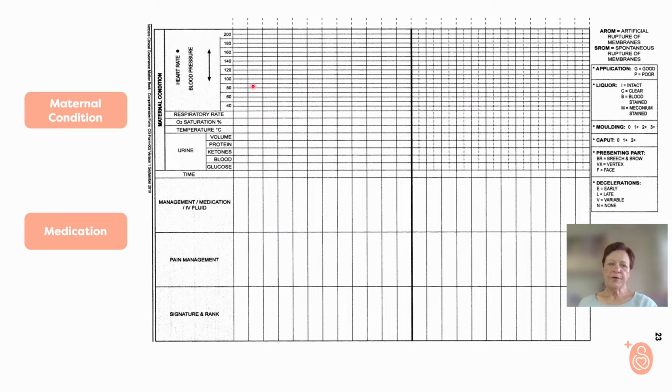Then there's this part of the partograph, which is, remember we've said the partograph usually goes over 2 pages. On the one page, we have now done the progress of labor and the contractions and the fetal condition. And on this part of the next page is the maternal condition and the different medications that we are giving them.